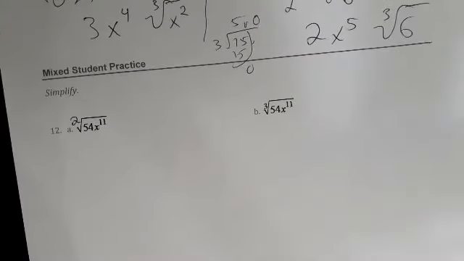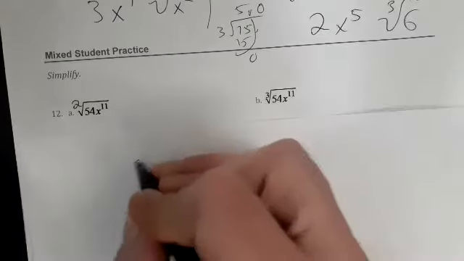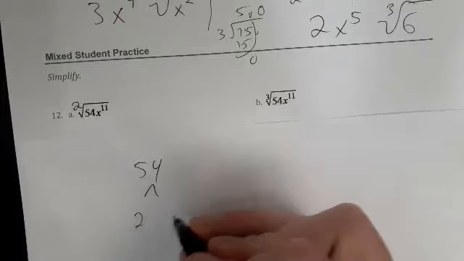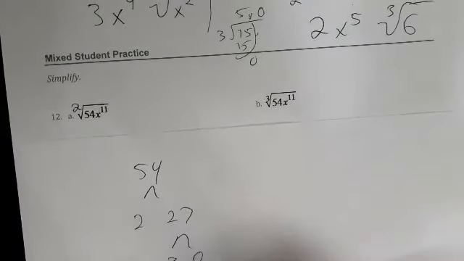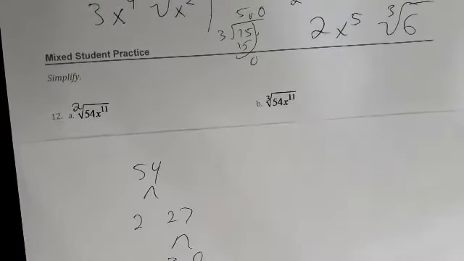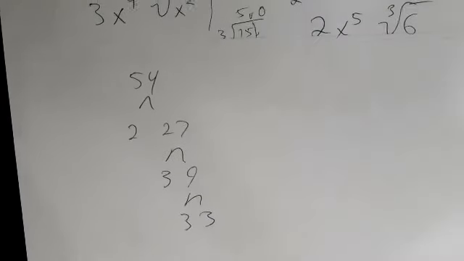This, again, we want to factor things. It doesn't really matter how we do things, we're going to factor the number anyway. So 54 is 2 and 27. And I think we did this already today. 3 and 9 and 3 and 3.